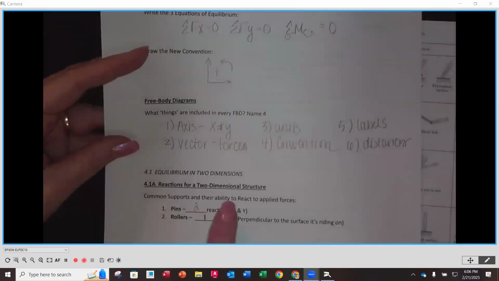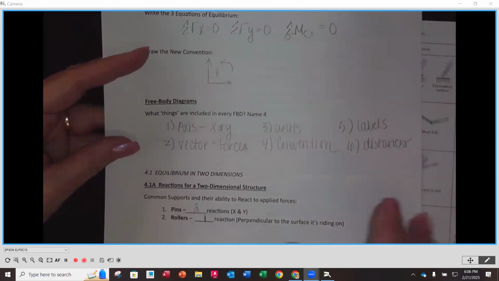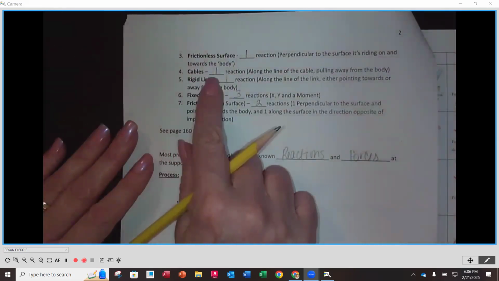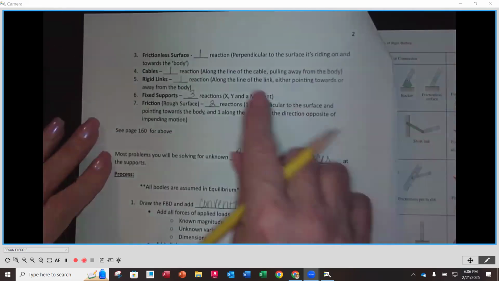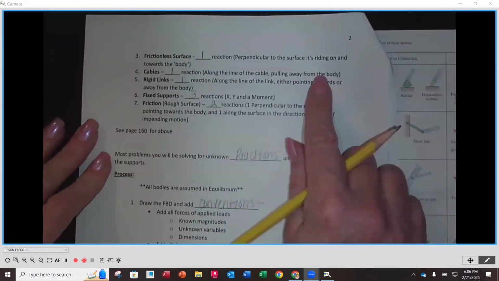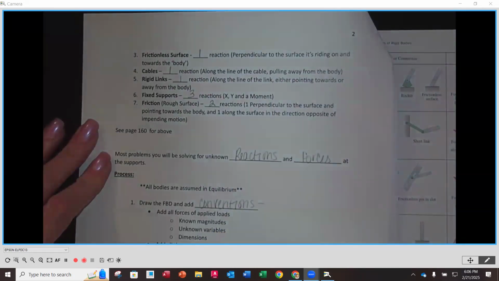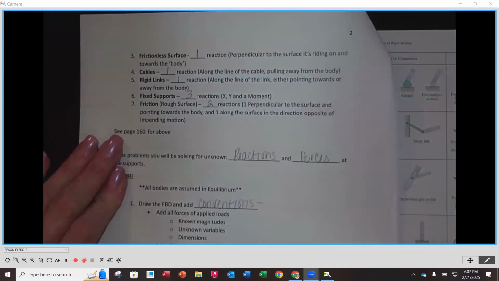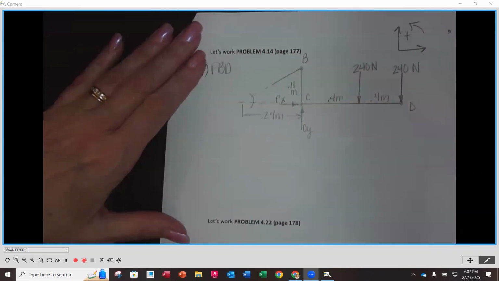Down at the bottom here, we were identifying reactions starting at the bottom of page 1, continuing to page 2, where it says number 4, cables. We have one reaction along the line of the cable pulling away from the body, because that means that it's in tension. If a cable is collapsing or in compression, it's not supporting. So a cable always has to be in tension. So we're going to use that to determine that direction.